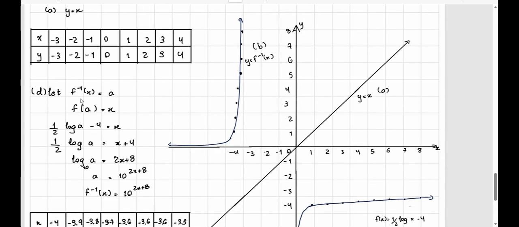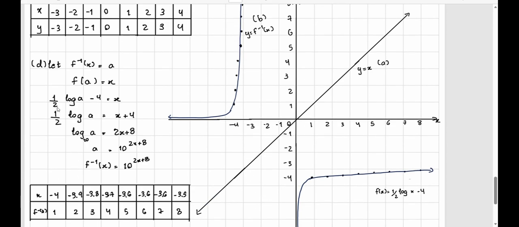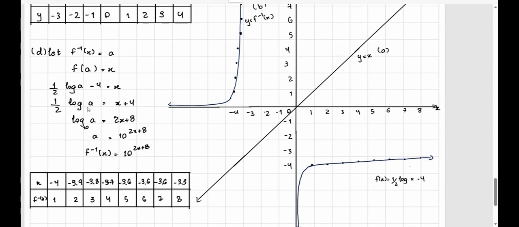So we have to substitute a into f. So 1 over 2 log a minus 4 equal to x. We add 4 to both sides: 1 over 2 log a equal to x plus 4. Log a is technically log base 10 of a. We multiply both sides by 2, so it's log base 10 of a equal to 2x plus 8.